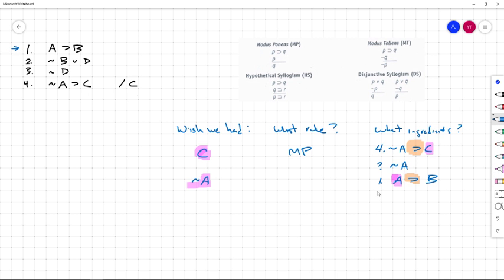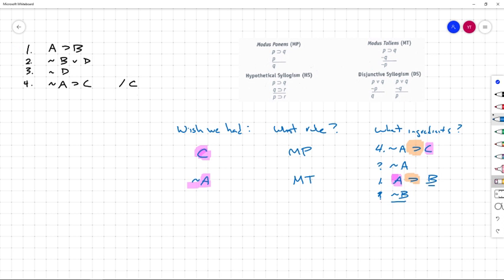Aha! Well, that's great news. Because if we only had the negation of the consequent, then MT would get us what we wanted. According to modus tollens, if you have a conditional and the negation of the consequent, then you can derive the negation of the antecedent. Oh, and actually, I jumped the gun with that question mark.